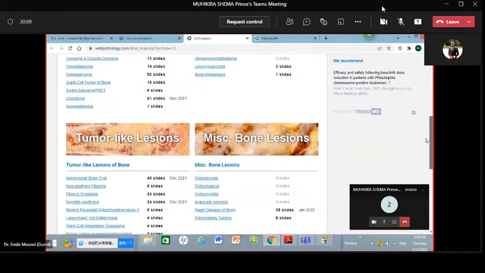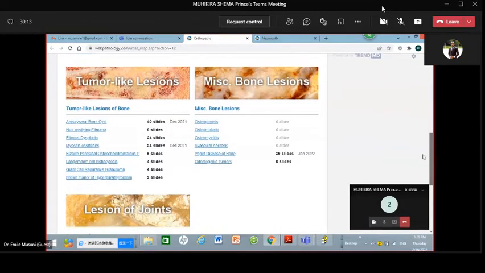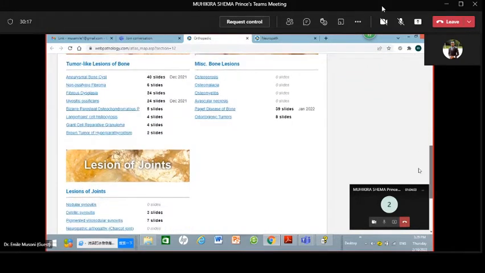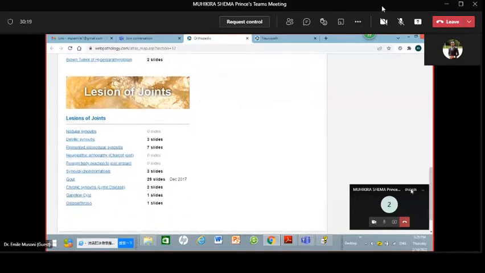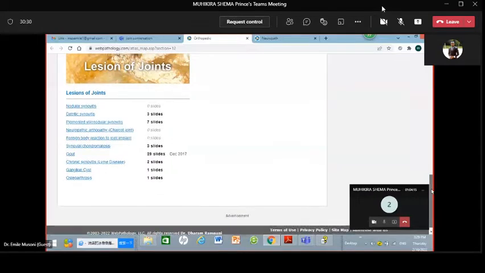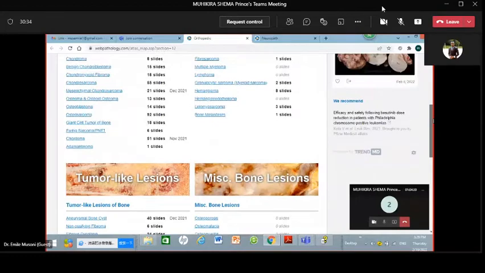See, there is a long list of diseases. Tumor-like lesions of the bone, for example, let us see some images of those.